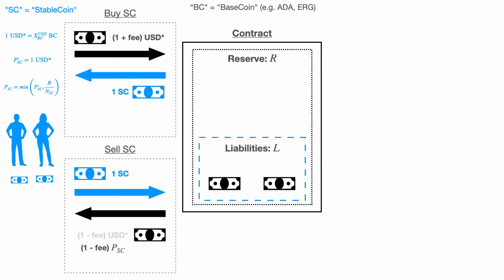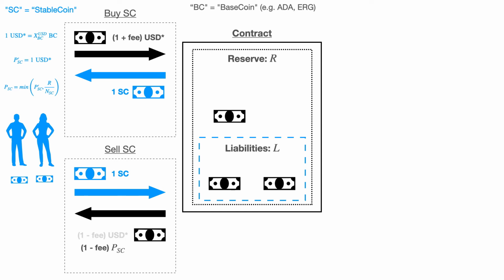Okay, so this portion of the reserves contains base coins that are, let's say, reserved to pay back the stablecoin holders, is what we call liabilities.